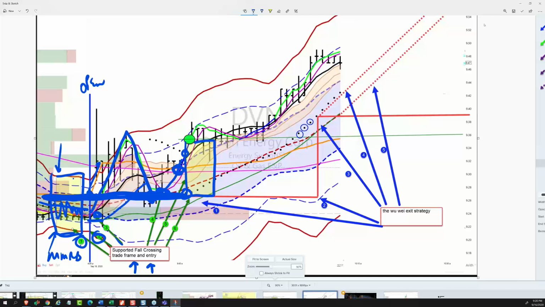Could have gotten it here at the PSAR flip, but I decided to wait for this because this now breaks out of the RL10 and it's an MMRB off of the support level. So there I go. So 4 was the noticing the reverse up. 5 was noticing the crossing of the VWAP. 6 was the PSAR flip and the entry.